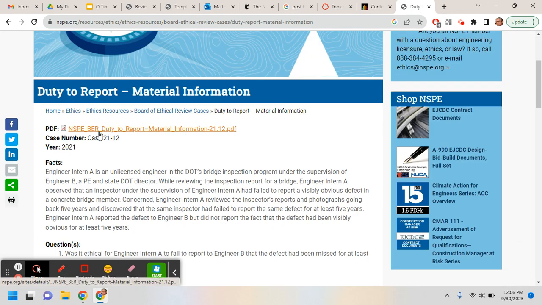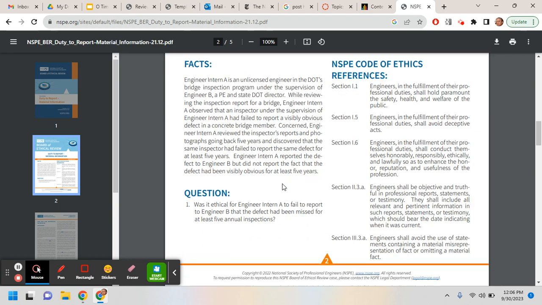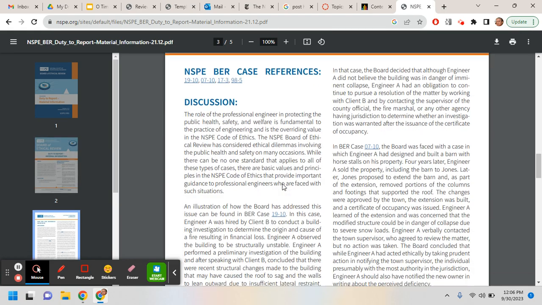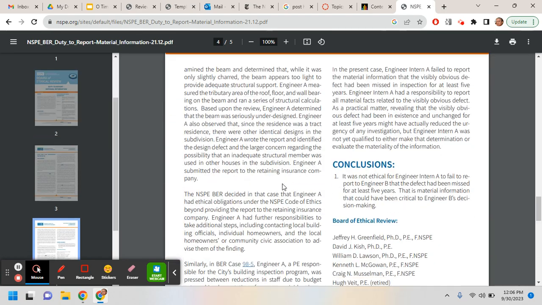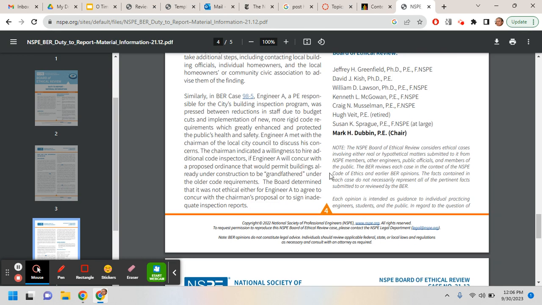Doesn't matter which one. If we look at this case, what we should find after the case itself is a kind of a disclaimer, the note. I think it's pretty much at the end of every case. The note is what I'm looking at right here.